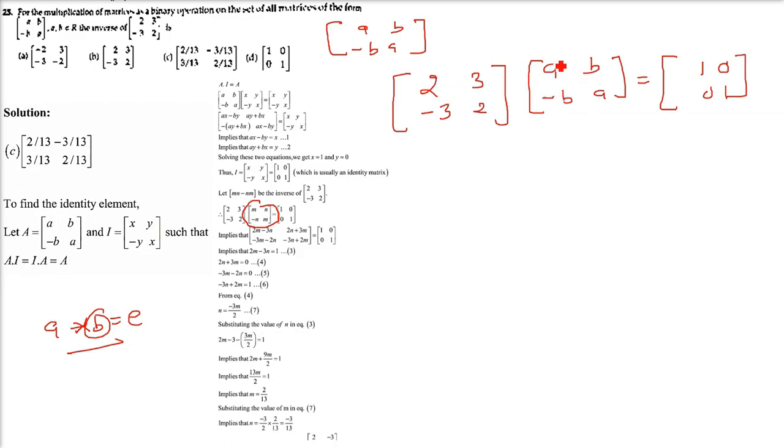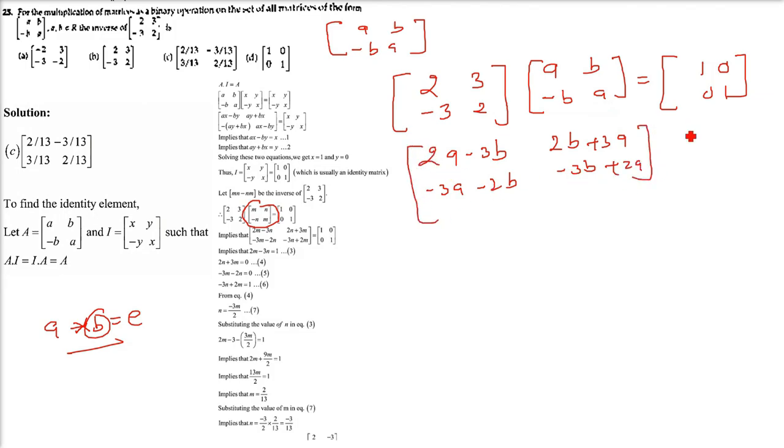We have this identity element as the result. Now the first row and the first column: 2 into A plus 3 into minus B, that is minus 3B. Then first row and the second column: 2 into B plus 3 into A. Then second row, first column: negative 3 into A is negative 3A, and 2 into negative B is minus 2B. Then the second row and second column: minus 3B plus 2A. This is equal to the identity matrix.